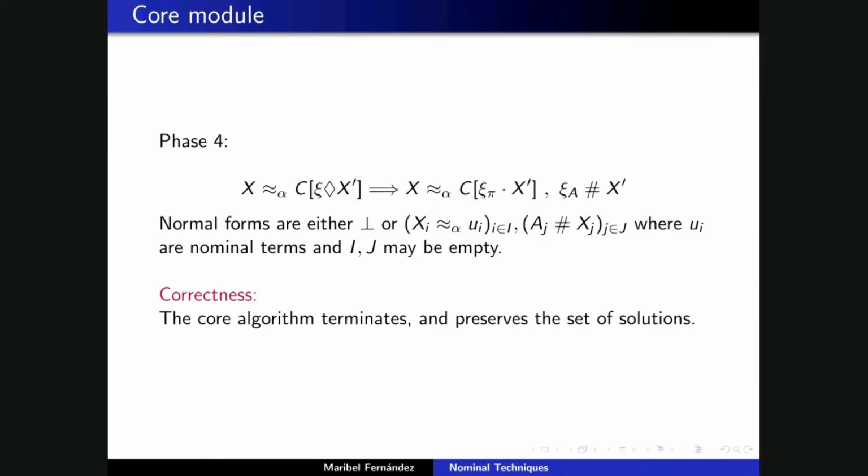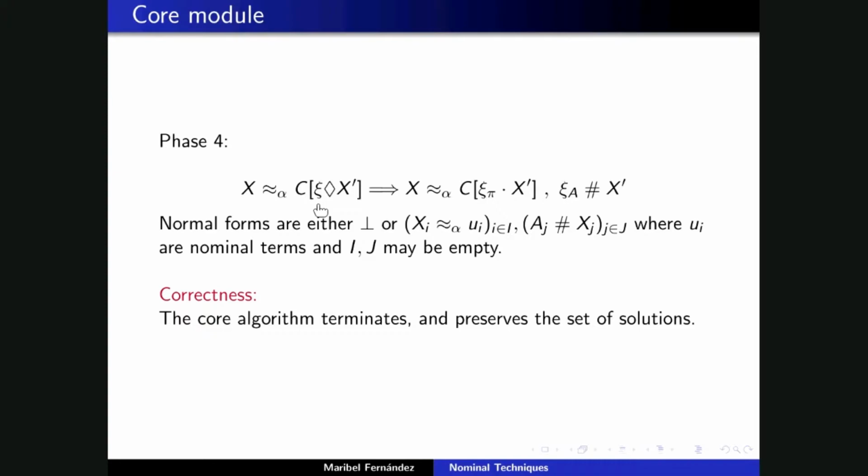What we will do next is a simple rewriting of this term to put it in the format that we like, which is a substitution of x with a nominal term and freshness constraints of the form atom and variable. So we read the environment, and the environment contains the permutation and the set of atoms that need to be fresh.